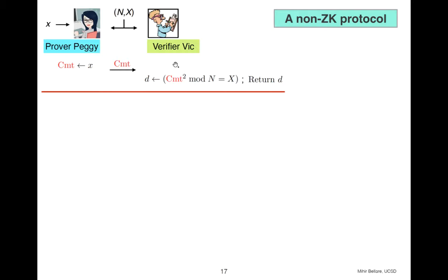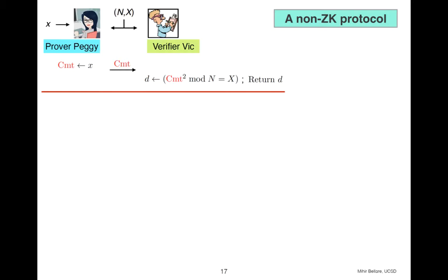What he does is check that it really is the square root of big X, which is easy. He can just square this value mod n. That's a simple operation that takes linear time in the number of group operations. And if that yields big X, then he says yes, otherwise he says no.